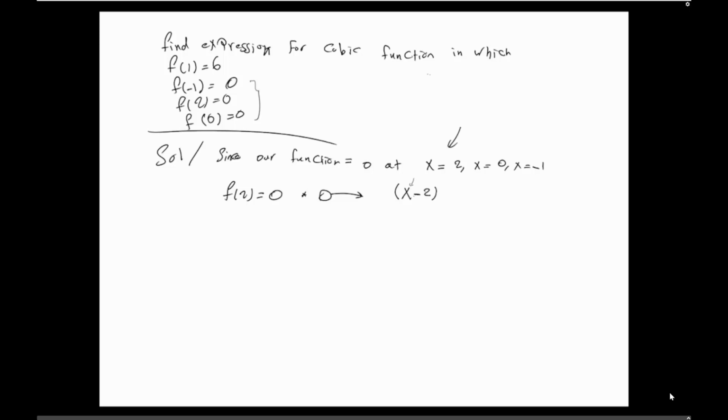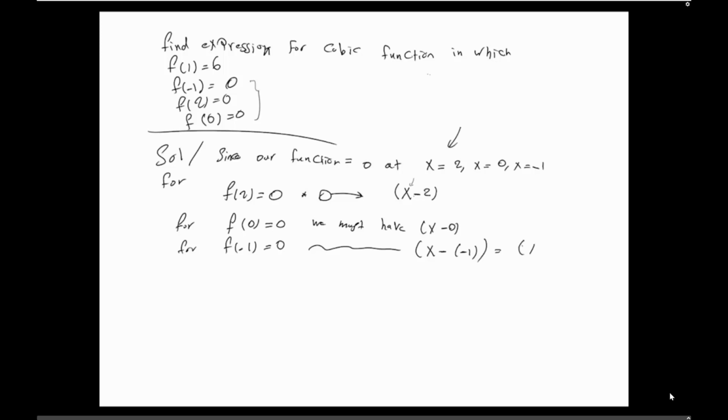We'll also do the same for f of 0 equals 0, we must have x minus 0. And the same for f of minus 1 equals 0, we must have x minus minus 1, which is equivalent to x plus 1.